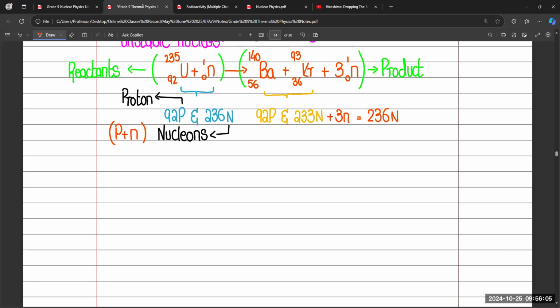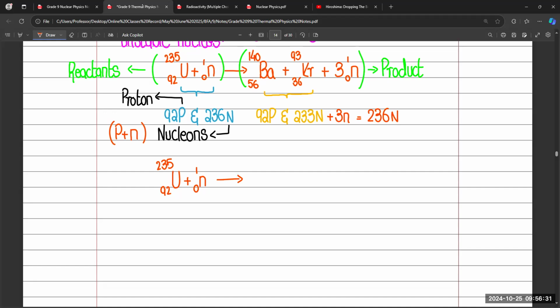If we consider again uranium 92 with 235 nucleons, and again we add one neutron to it. In the final results, you will get different elements also.